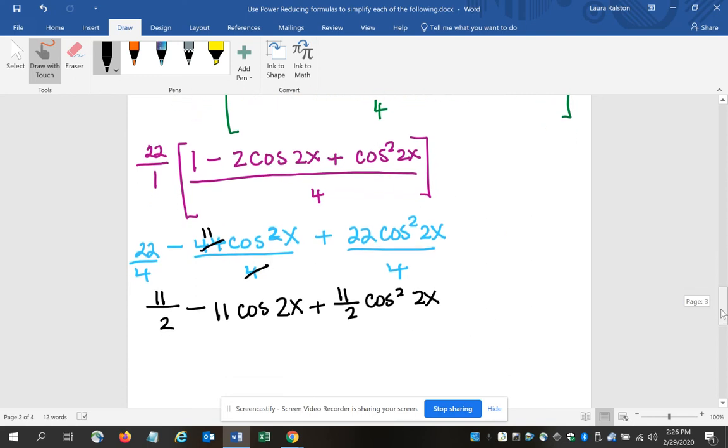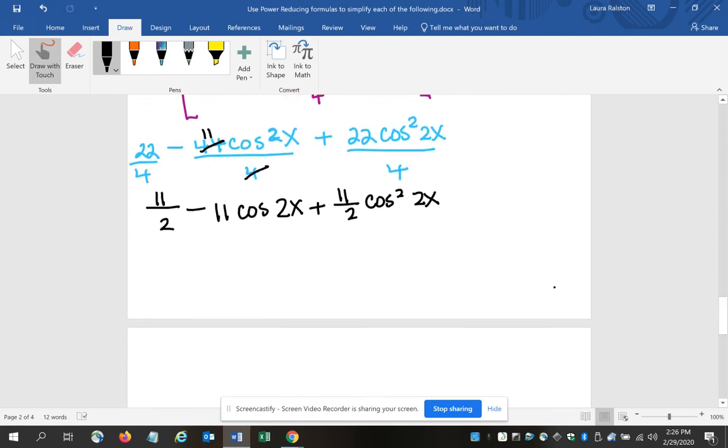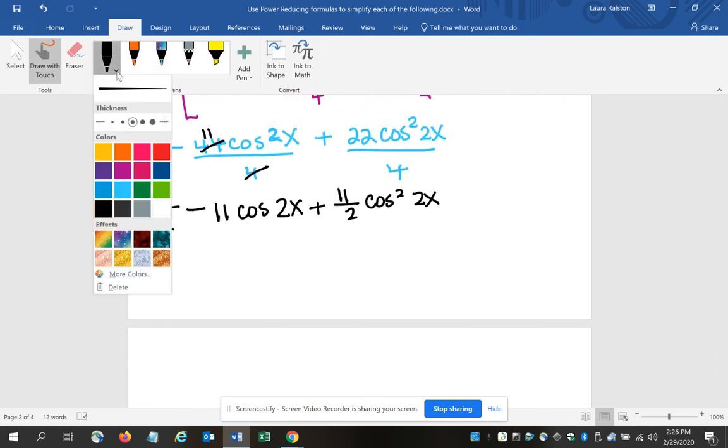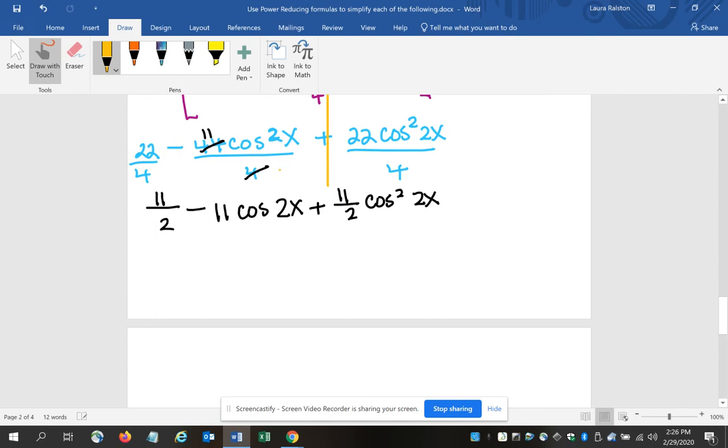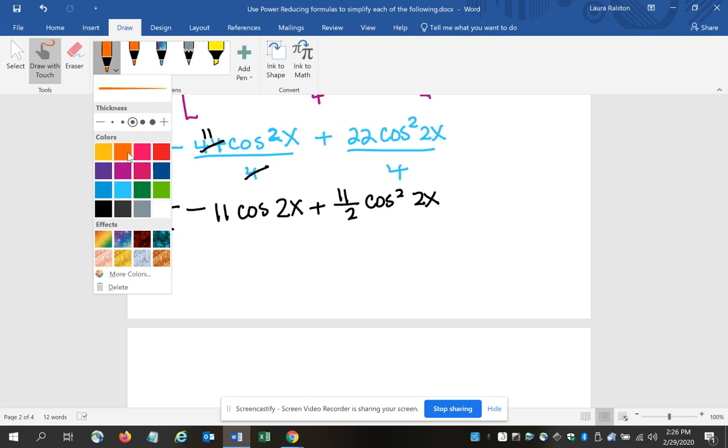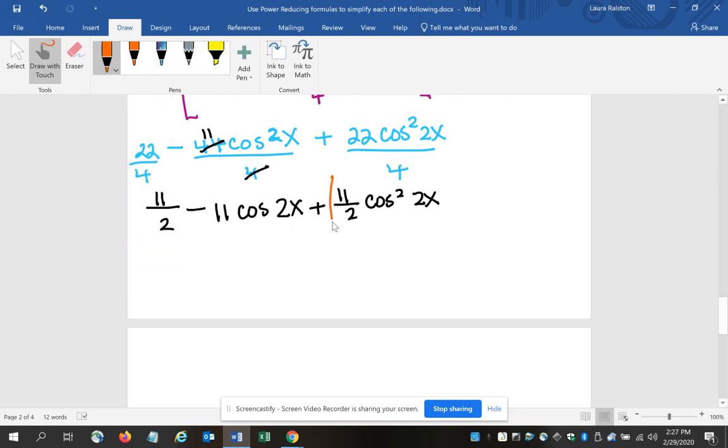But guys, remember, the goal is to get rid of the exponents on the trig functions. And we haven't finished that because this last term here still has the squared term in it. So we're actually going to have to do the process again on 11 halves cosine squared 2x.